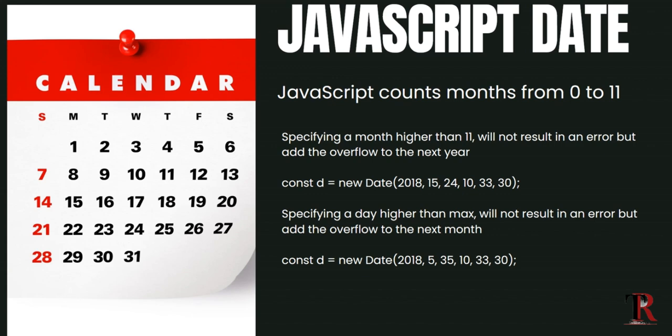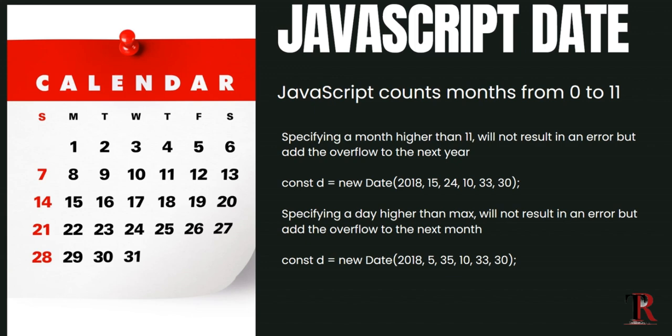But in programming, like we said, counting starts from 0, which means JavaScript counts months from 0 to 11 and not 1 to 12, like the way we would do in a traditional mathematics environment. So January is represented by 0 and December, which is the last month, is represented by 11.